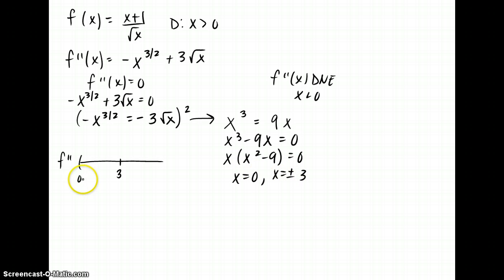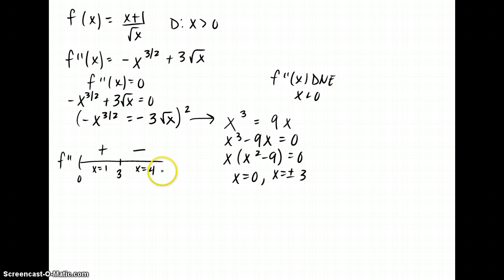0 and negative 3, however, are not in the domain of the function. So now my test values 1 and 4 into the second derivative. Negative 1 plus 3 would give me a positive value. If I plug 4 in here, power over root, square root of 4 is 2. 2 cubed is 8. So I would have negative 8 plus 6.